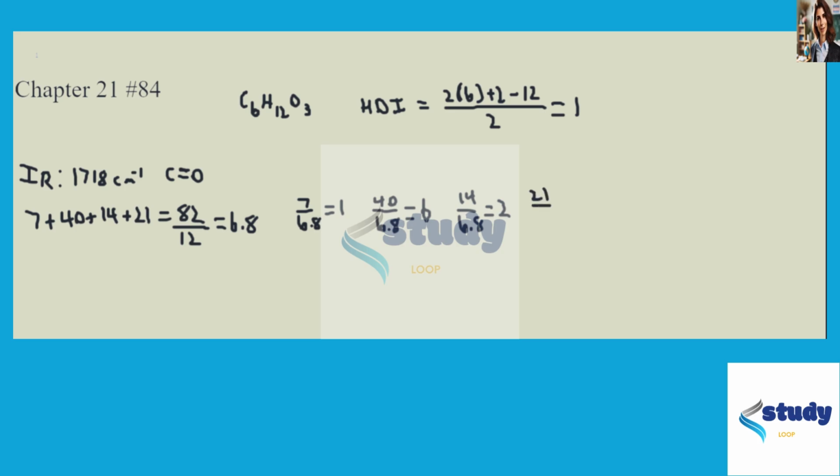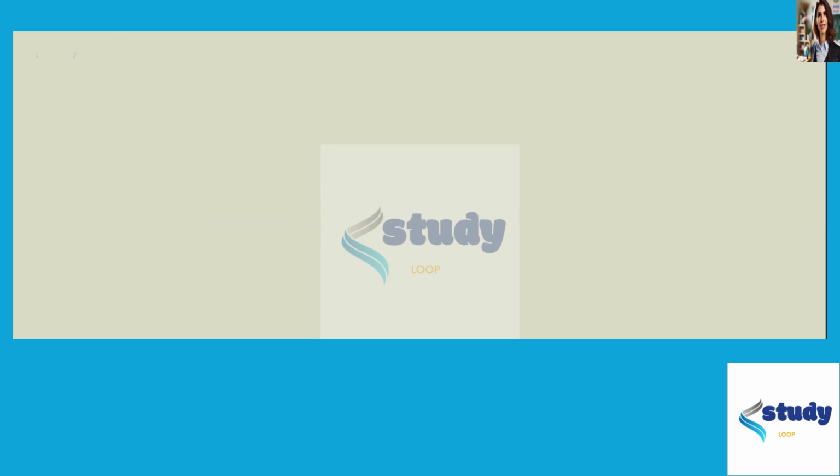And then 21 divided by 6.8 is going to be a 3. That's our integrations there. Rather than cramming stuff in, I'm just going to start a new page to deal with our NMR data.